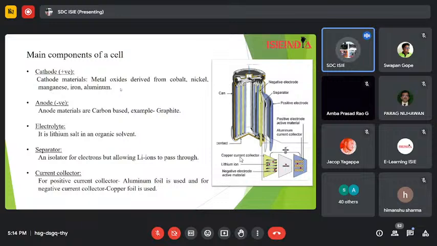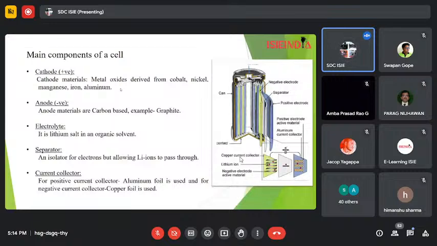From cathode to anode, just lithium ions will pass. They will not let the electrons pass through. The electrons will pass through the external circuit, whatever connection we are giving, like a load, motor, battery, headlamps, or any kind of other load, right?